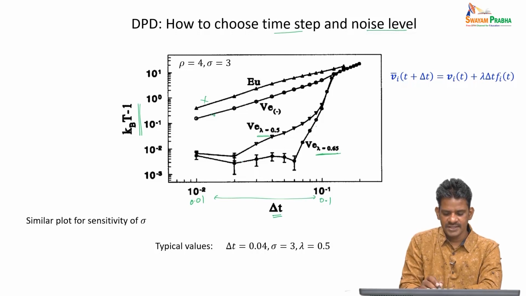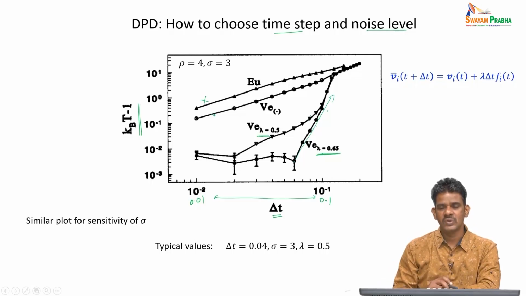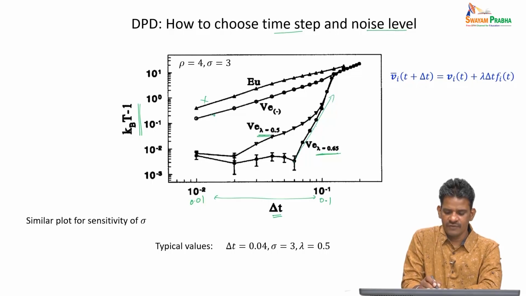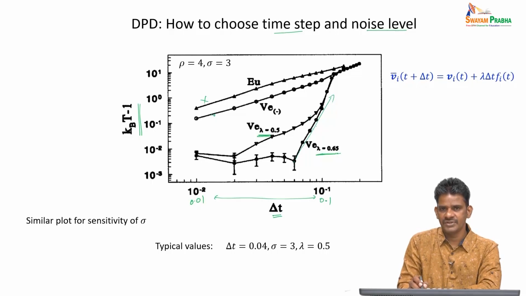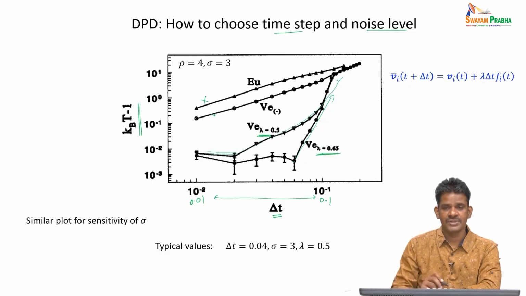Up to this particular time step this remains pretty low, and then if you start increasing the delta t in the simulation, you can see it shoots up, the temperature goes beyond what is being set. The same thing is found for lambda equal to 0.5, which is slightly above lambda equal to 0.65, but it shows a very similar characteristic: at a very small time step delta t this error is very small, and then for higher and higher delta t, this also grows.